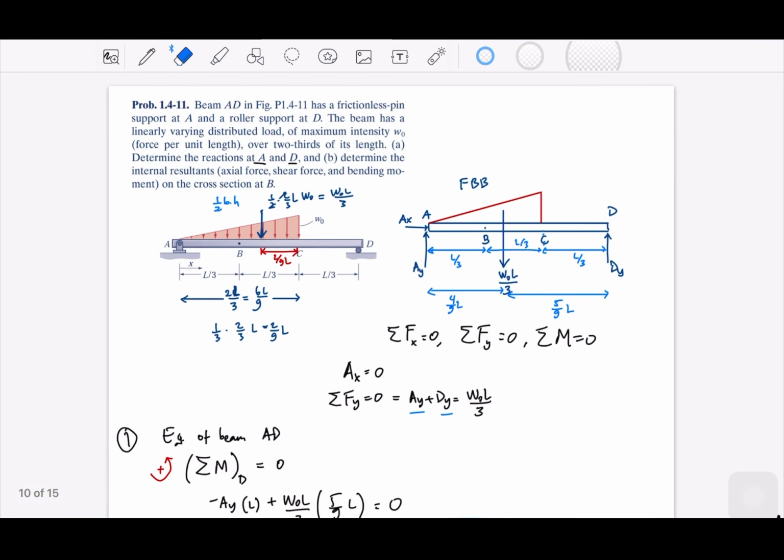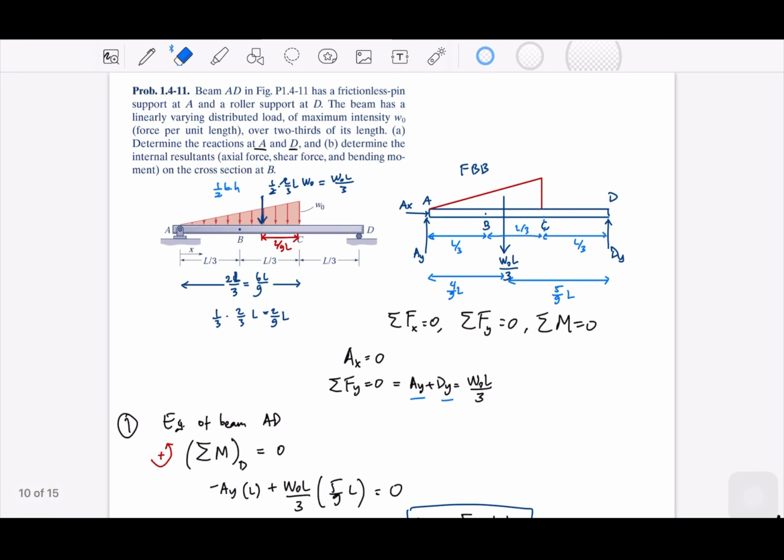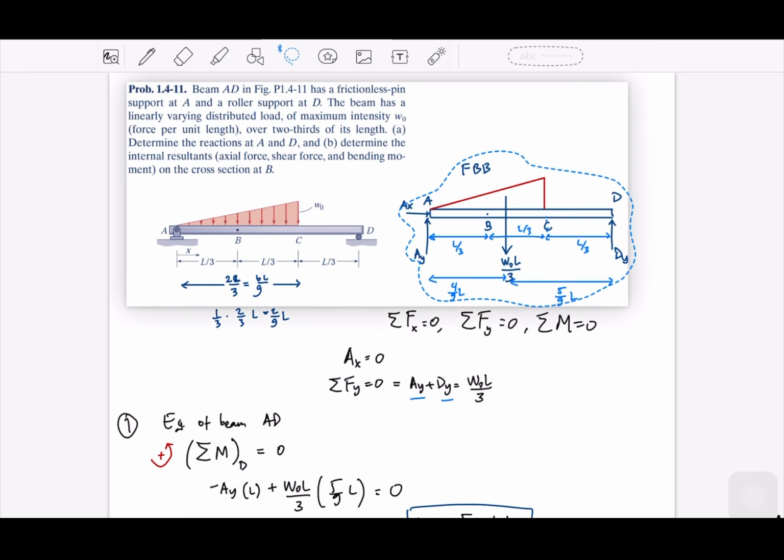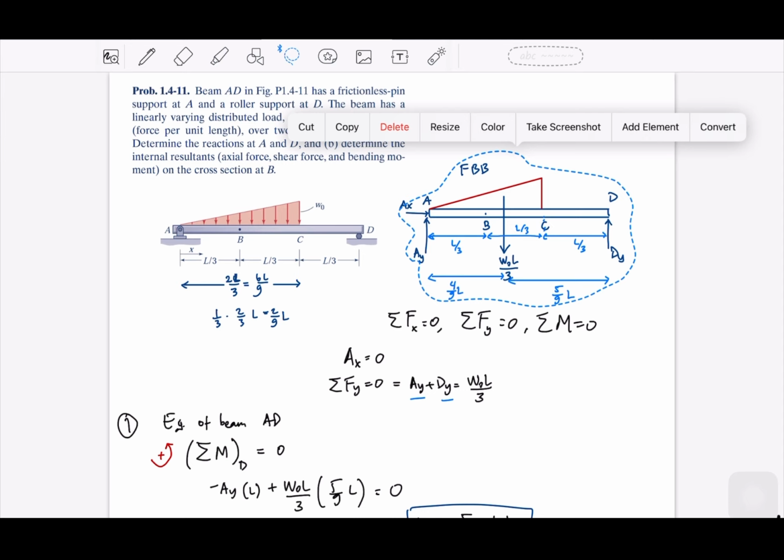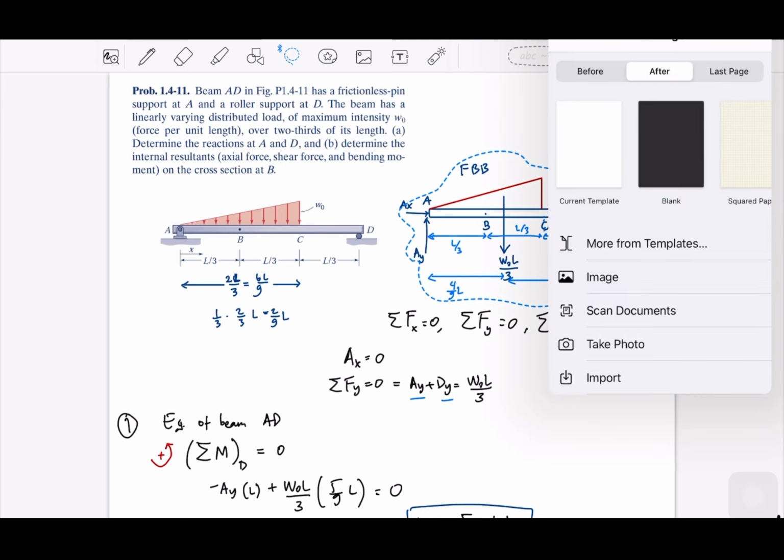The second one is the internal resultants on the cross section at B. So let me copy all this and go to the next page.